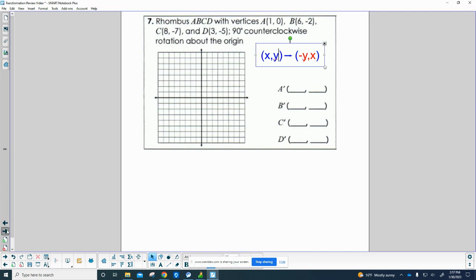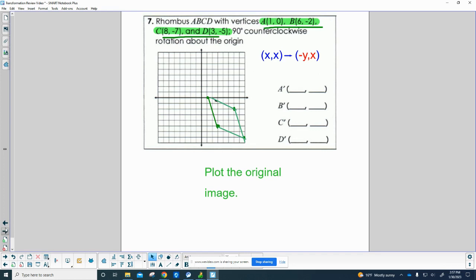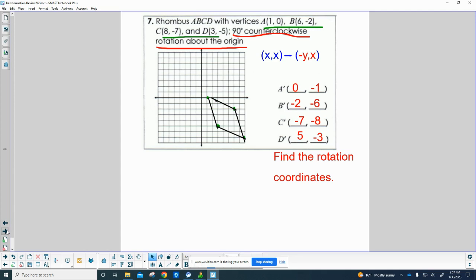So first of all, we graph the first 4 points and plot them on the coordinate system. This particular image is in quadrant 4. When we calculate our new coordinates using the rule, we end up with (0, -1), (-2, -6), (-7, -8), and (5, -3).